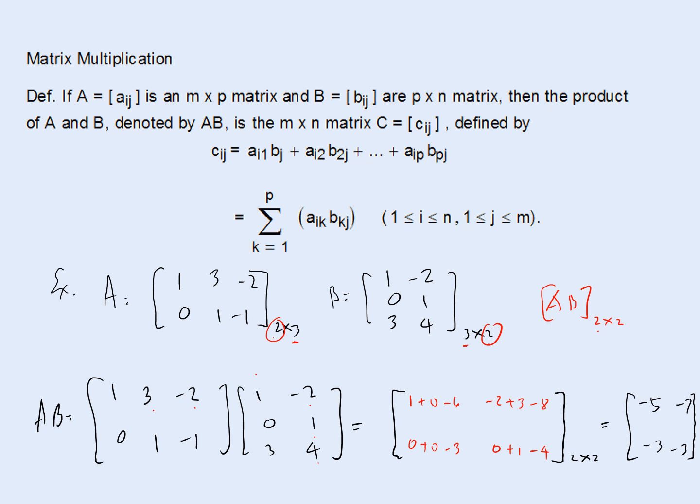We do that for all the rows of A, multiplied to all columns of B, to generate the elements of the last row of the resulting product.